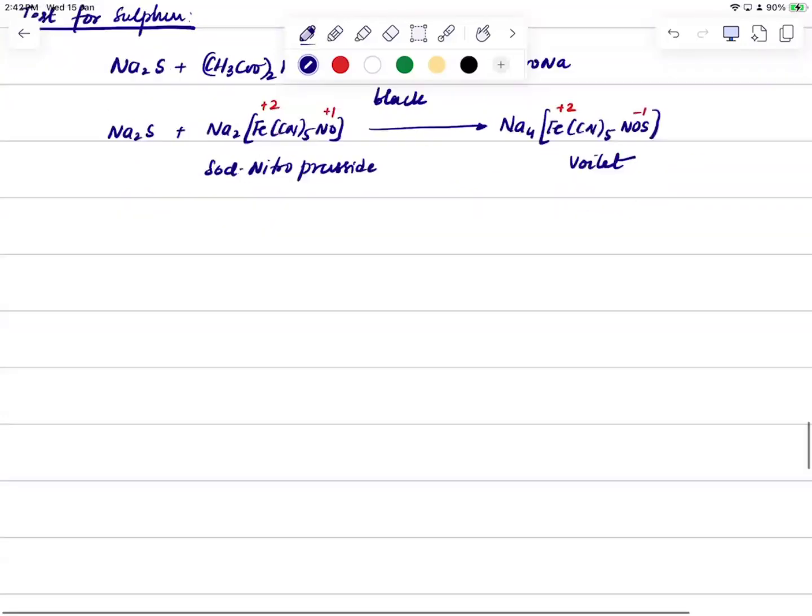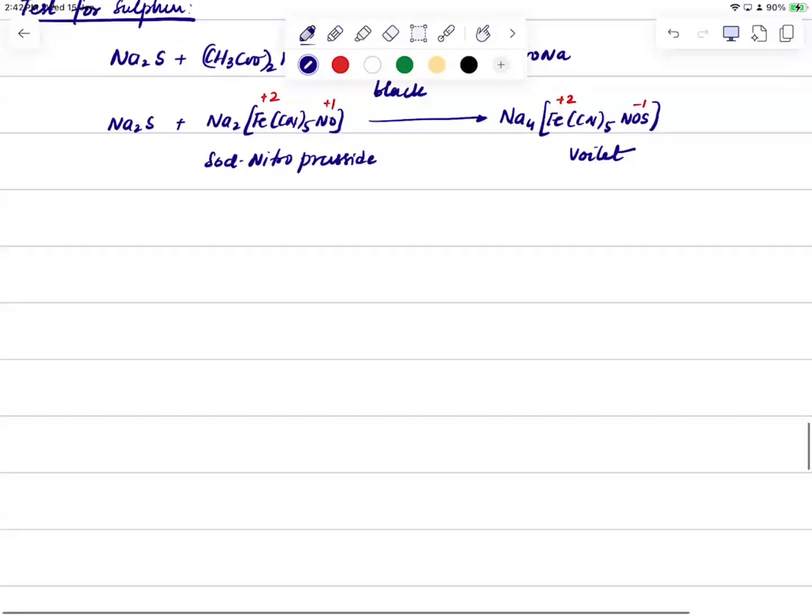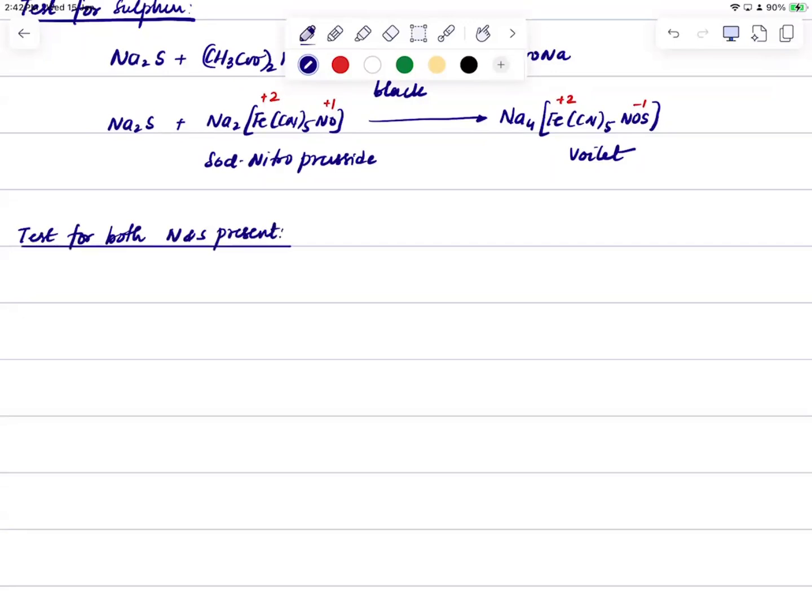The other important test where nitrogen can be present is when you have both. This is the test for both N and S present, nitrogen and sulfur. If both of them are present, then sodium plus sulfur plus nitrogen plus carbon together will form NaSCN.